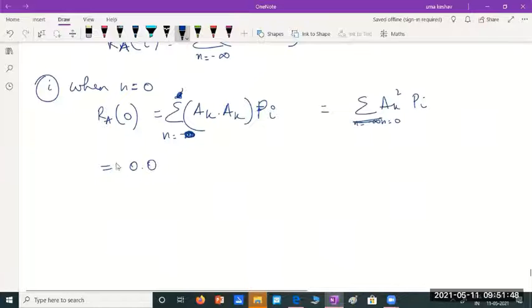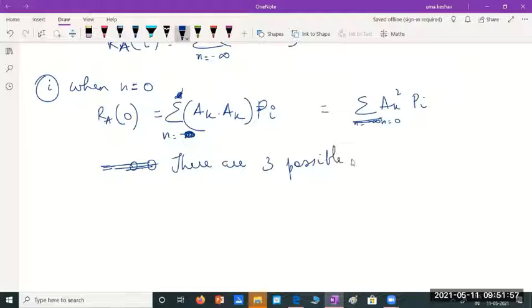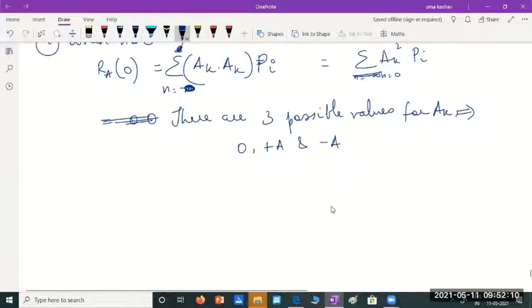I think it's better you write down. There are three possible values for AK, which are 0, plus A and minus A. So you can have three different values for AK. If you take AK as 0, you will get 0 into 0.